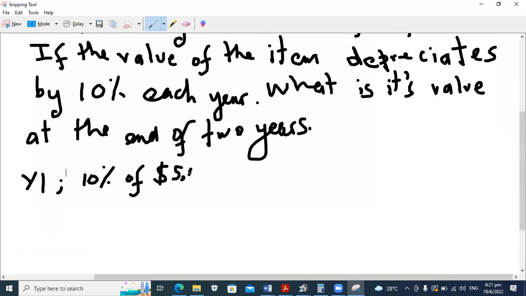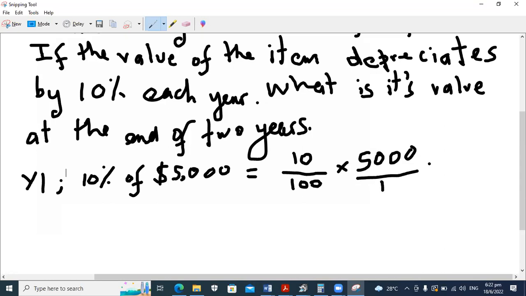What's 10% of 5,000? It's 10 over 100 times 5,000, which is 500.